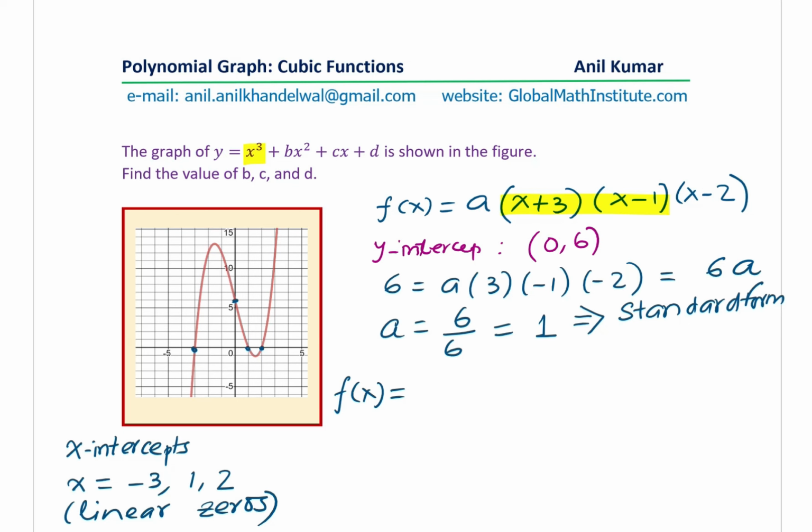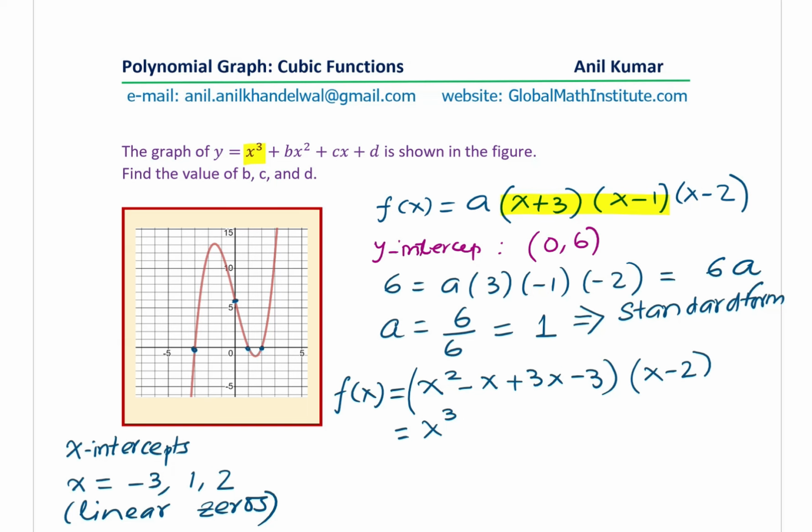So what do we get? We get x squared minus x plus 3x minus 3. We're going to multiply this by x minus 2. So we'll get x cubed. Now this could be combined, but I'm not combining now. We'll combine it at one stage.